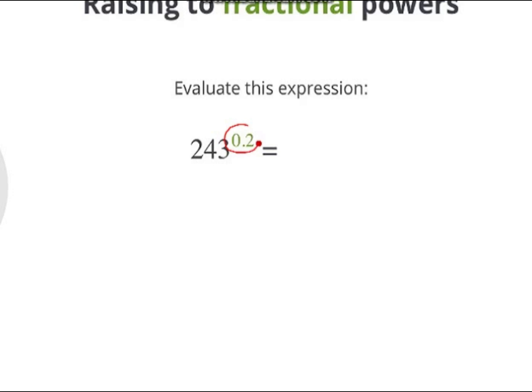Nicely done. 0.2 equals 1/5. So 243 to the 0.2 is the same thing as 243 to the 1/5, which is then the 5th root of 243, or 3. So for your final challenge, suppose you're asked to find the 4th root of 137.